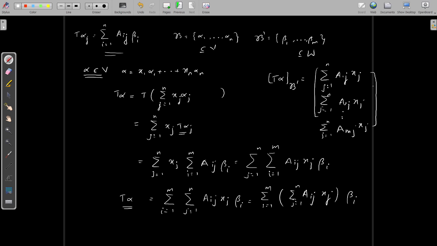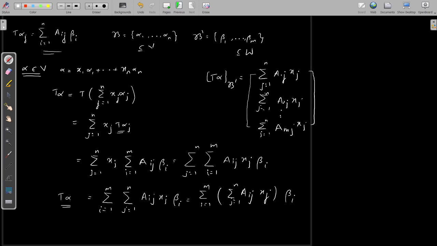Now this can be written as a matrix. The first entry will be a11 x1. When you expand the first summation, a11 x1, then for j equal to 2 you get plus a12 x2, plus etc., a1n xn.